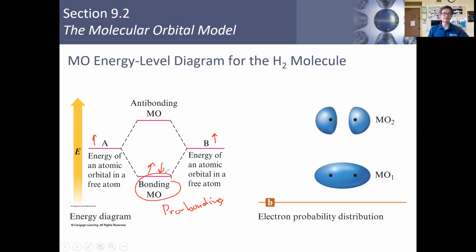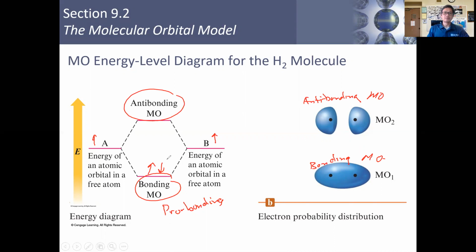So the molecular orbitals formed from the constructive interference of the atomic orbitals are going to be referred to as bonding molecular orbitals. And here, this is an anti-bonding molecular orbital. We refer to these as anti-bonding MOs, because this condition, where the electrons occupy a higher energy state, is not conducive to bonding.